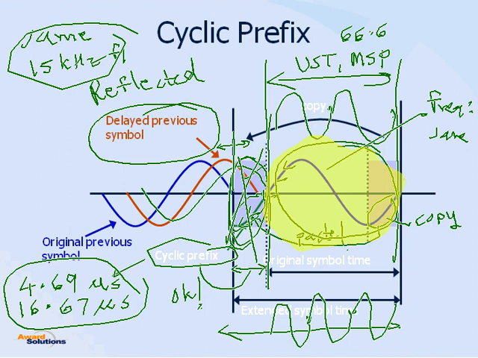And we have one more question. Why not just have a guard silence? Oh, very good point. We could have done that. We could have just said, okay, I will not transmit the signal for a certain time period. The main reason that we do not do that is the power amplifier, because when you have discontinuous transmission like that, the power amplifier doesn't like that.